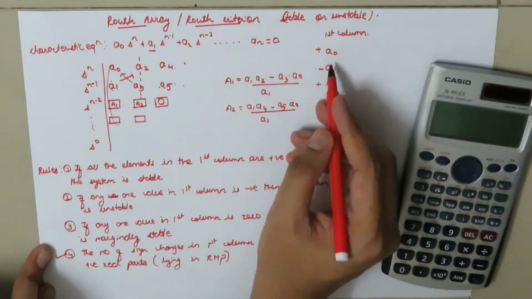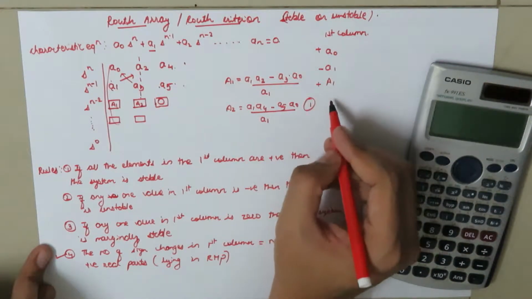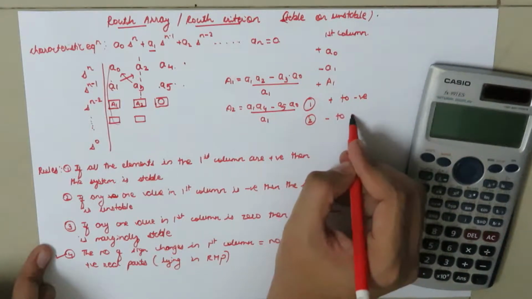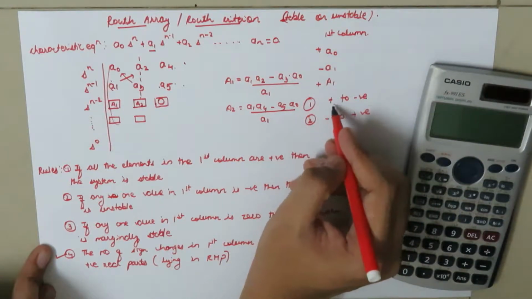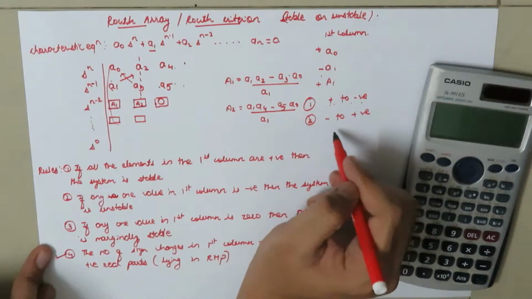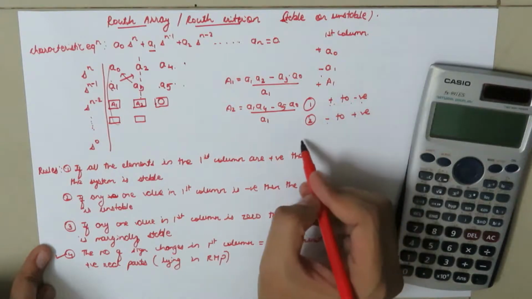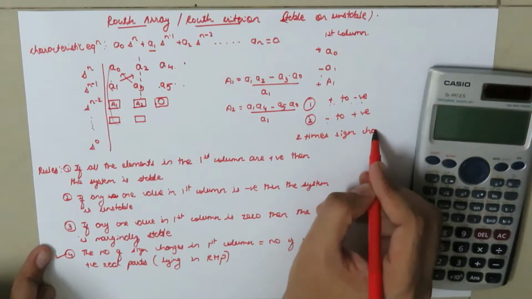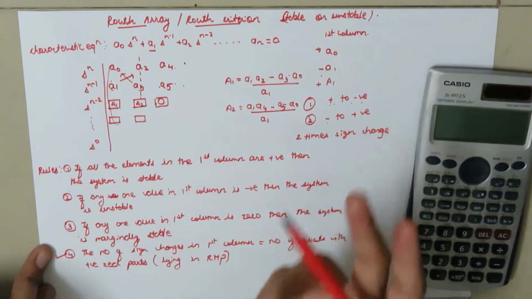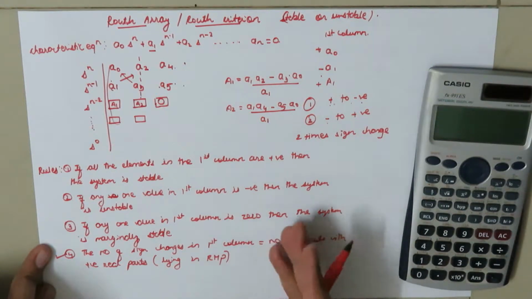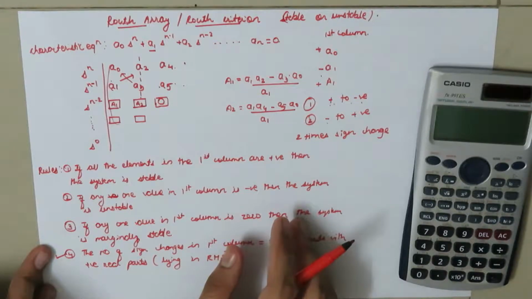The number of sign changes in the first column: the first sign change is from positive to negative, and the second sign change is from negative to positive. So there are 2 sign changes in the first column, which implies that there are 2 roots with positive real parts, that is, 2 roots lying in the right half plane of the graph, and therefore the system is unstable with 2 roots lying in the right half plane.